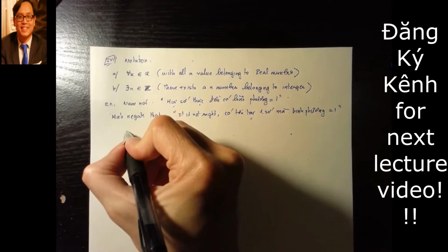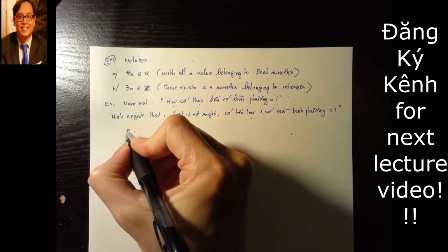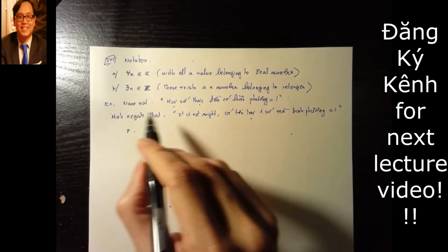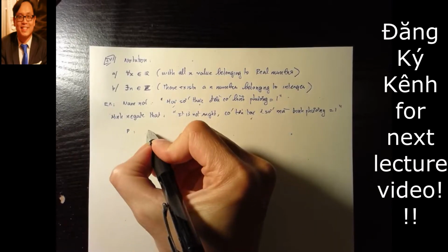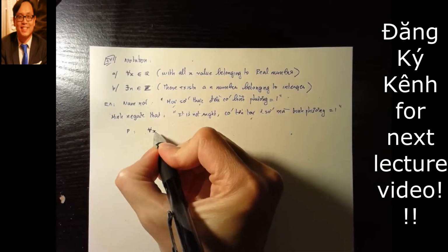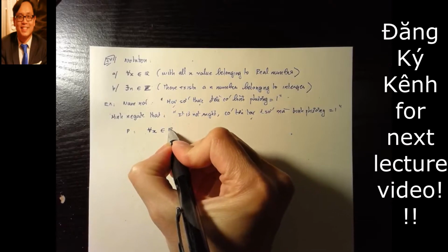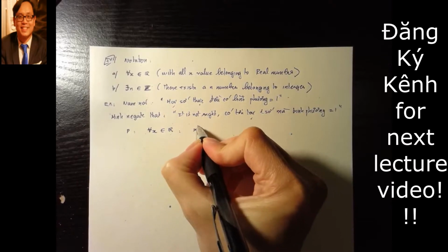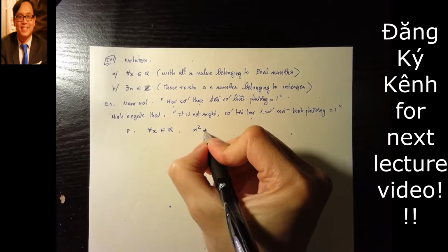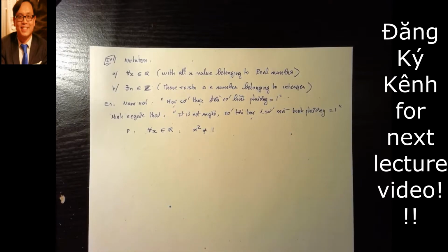So on the first statement, we can use this notation here to translate this. For all x values of real numbers such that x squared is different from 1.